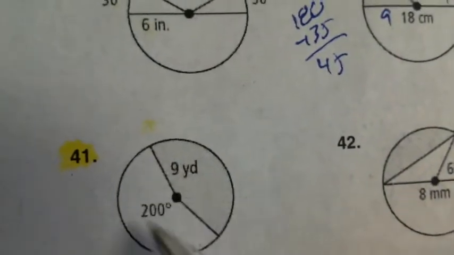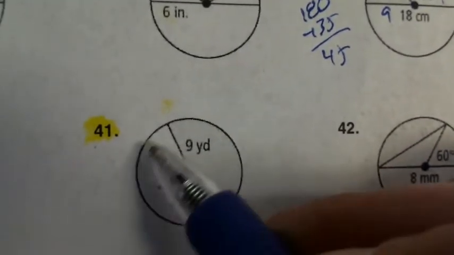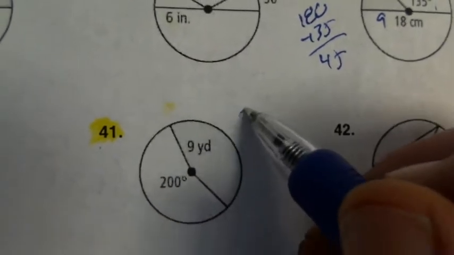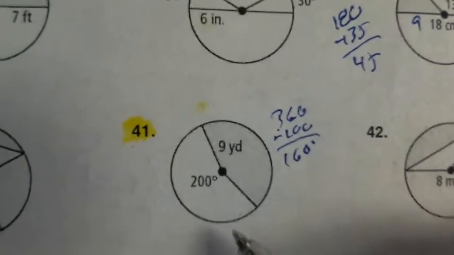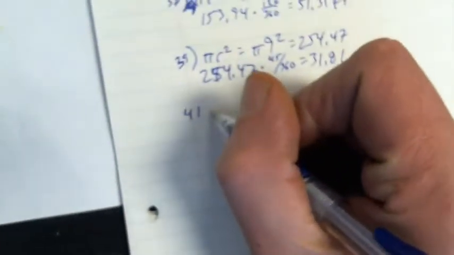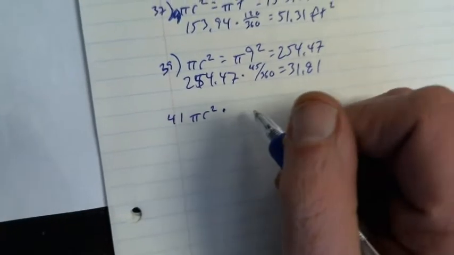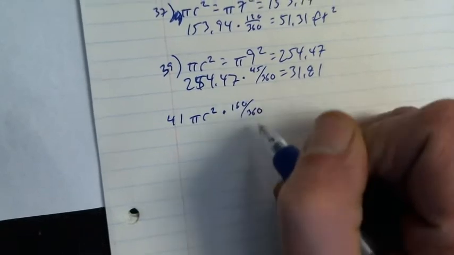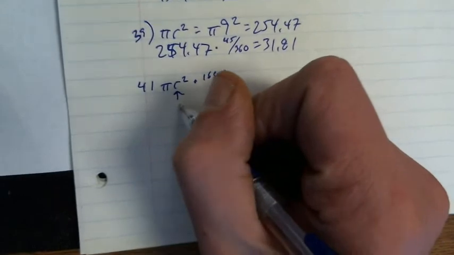That's 9. This is 200. So this is 360 minus 200 gives us the portion we want. There's 160 degrees worth of a 9-yard circle. So let's do pi r squared. We only multiply anyway, so let's just do it times the amount we need. So it's 160 over 360, and that radius is going to be 9.